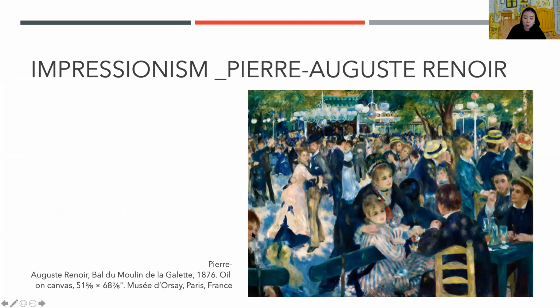This painting is one of Impressionism's most celebrated masterpieces. The painting depicts a typical Sunday afternoon at the original Moulin de la Galette in the district of Montmartre in Paris. In the late 19th century, working class Parisians would dress up and spend time there dancing, drinking, and eating.